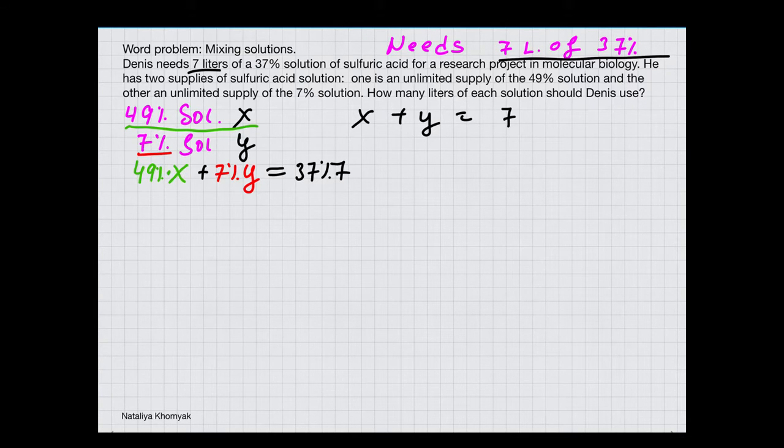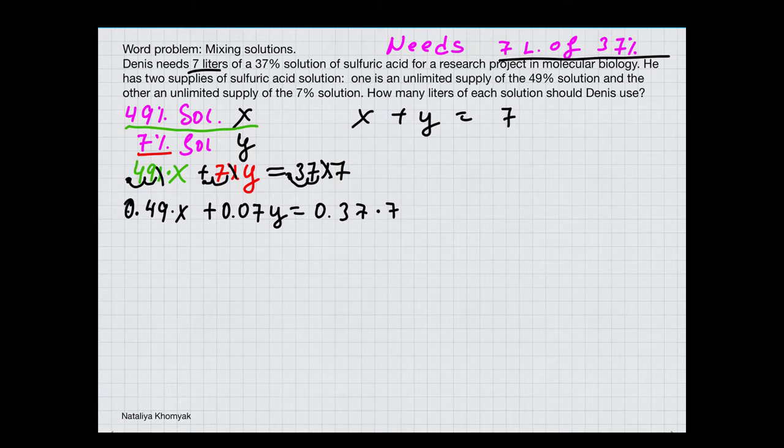And now we just need to change everything into decimals or fractions that we can calculate with. We want to change 49% into decimals, so take away the percent sign and move the decimal place twice to the left, so we get 0.49 times x, plus, we take away percents and move the decimal place twice to the left and we get 0.07 of y, equals, take away percents and move the decimal, and we get 0.37 times 7.